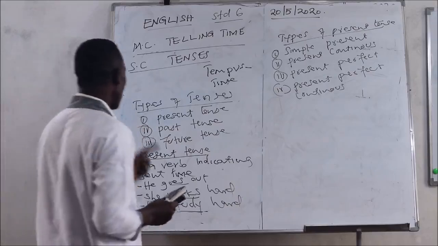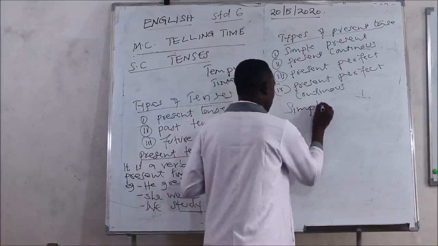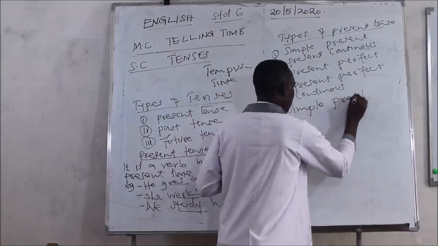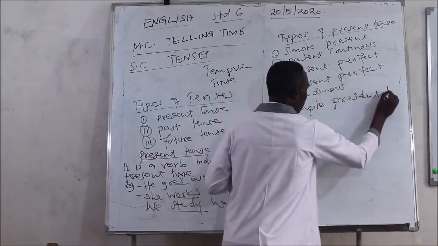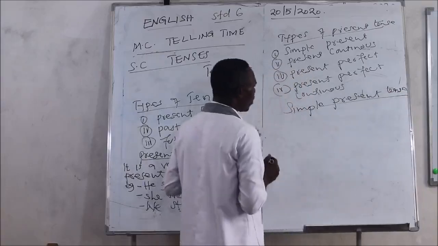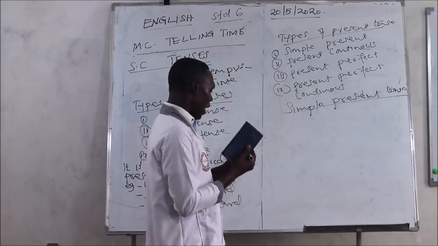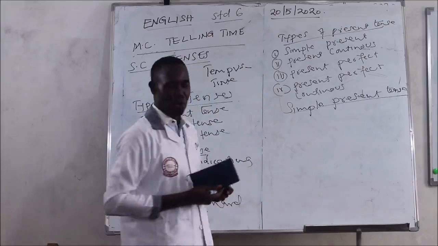Just to leave alone what we are going to study today, which is simple present tense. I just want to tell you in brief what we mean by the word present continuous tense.